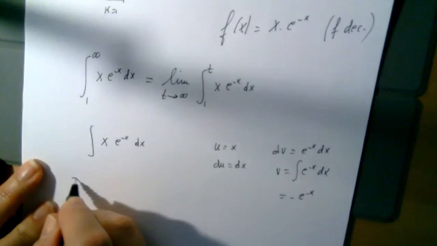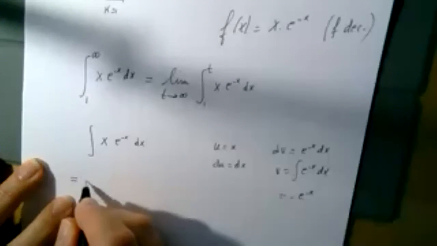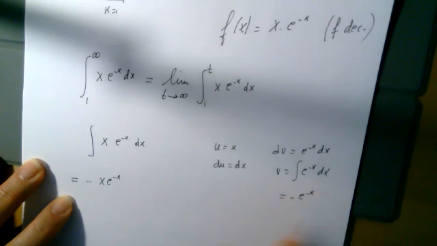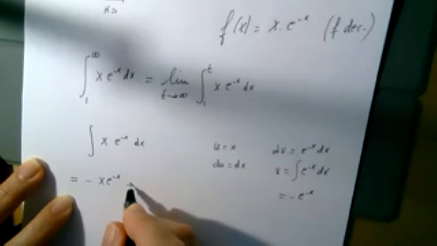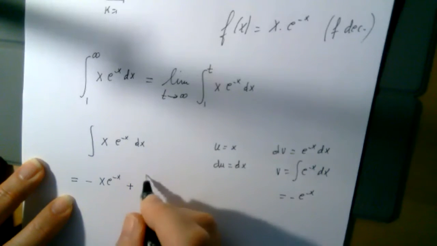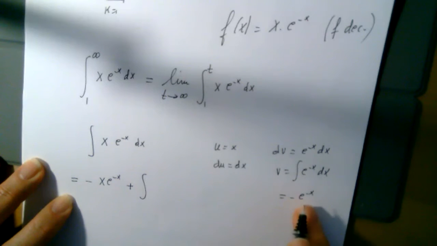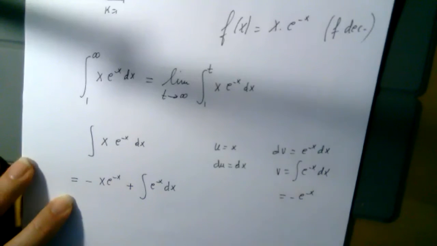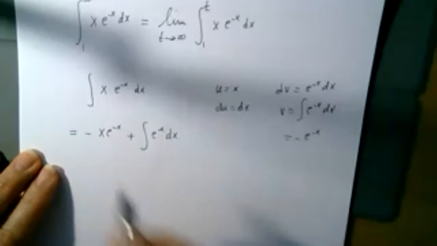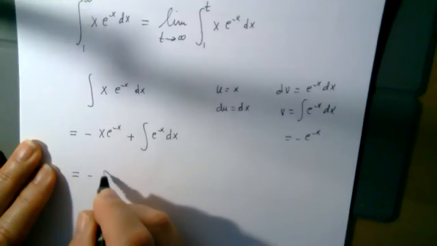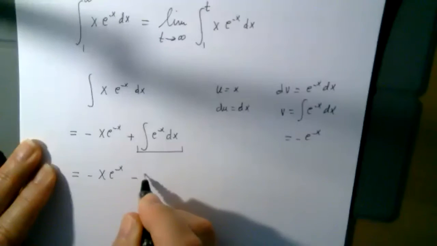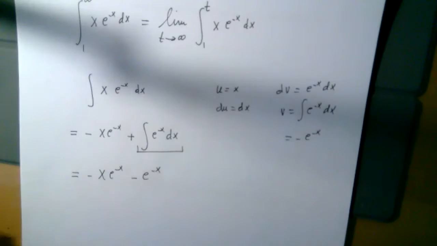So this is going to give me uv, which means minus x e to the minus x, minus the integral of v du. But I have another minus, which is going to give me a plus. v is minus e to the minus x, du is dx. And I have to compute this. So it's going to give me minus x e to the minus x. The antiderivative of that is minus e to the minus x.